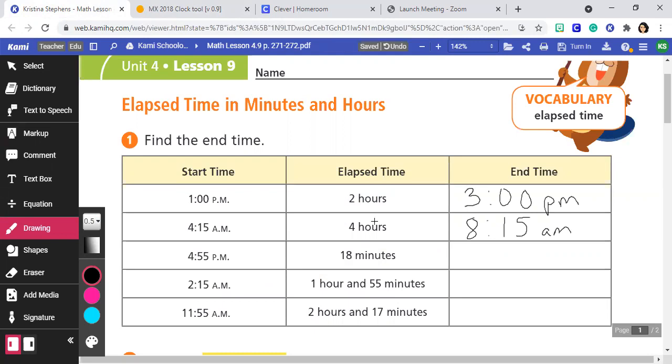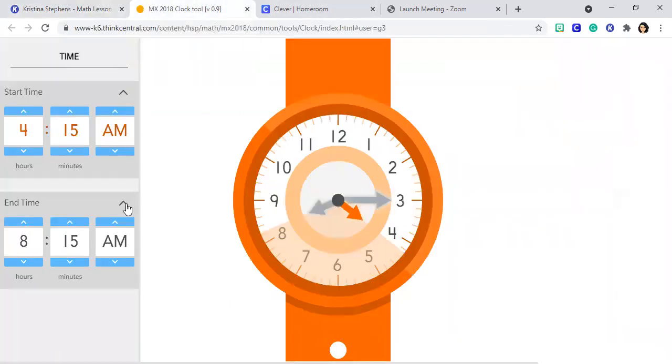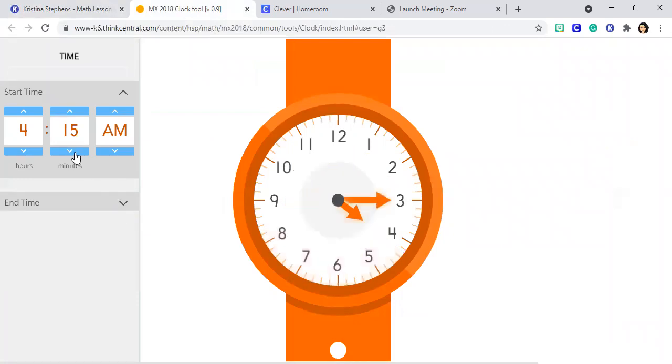Okay, the next one is switching from hours to minutes. So we have the time that starts at 4:55 p.m. and 18 minutes go by. All right, 4:55 p.m. I'm going to close that and I'm going to change this to 55. Lots of clicking.